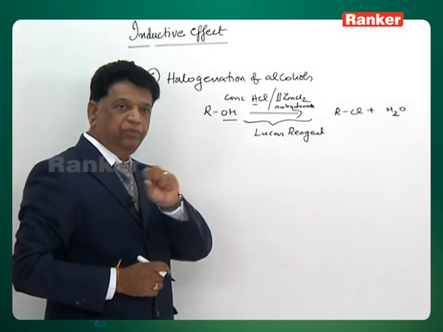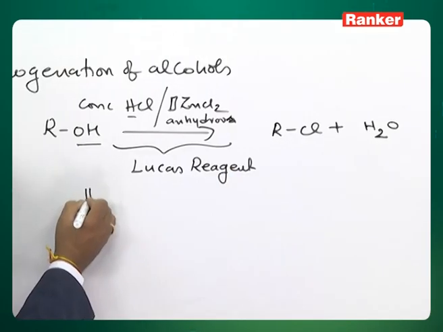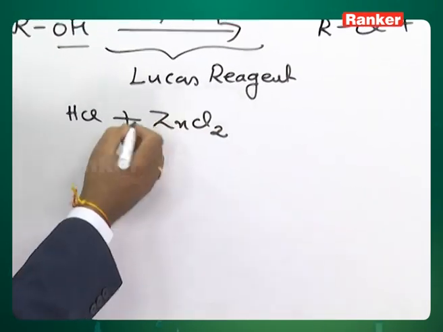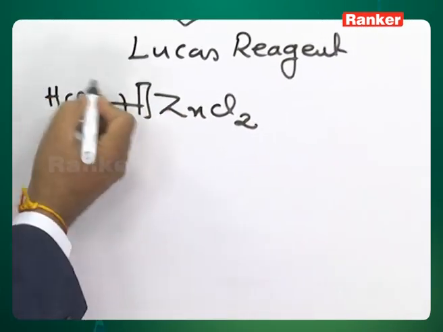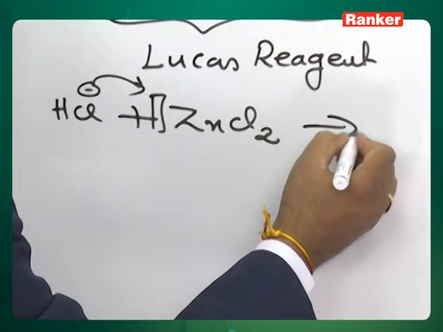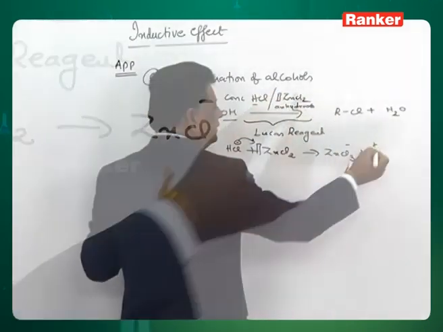But the mechanism, if you see what exactly the reaction goes through, is, first HCl reacts with the zinc chloride itself. The zinc chloride has a vacant orbital, therefore it takes the Cl minus temporarily and forms ZnCl3 minus and liberates H plus.